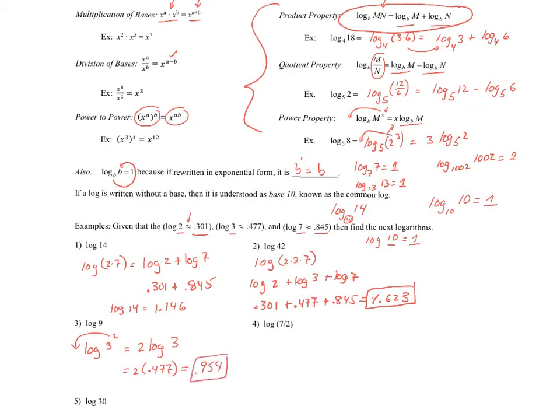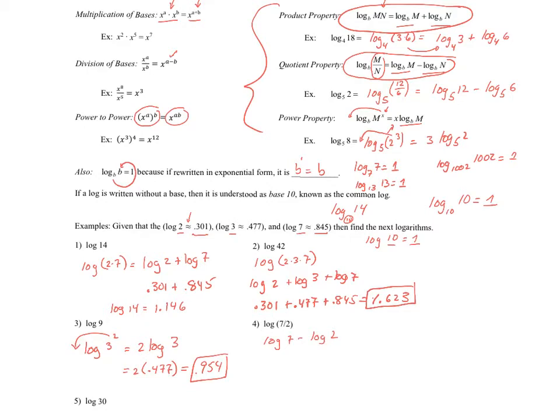Okay, log of 7/2. I see some division there, so it looks like we're going to use the quotient property. If you remember, the quotient property says that when we have division within our argument, we subtract the logarithms. So I'm going to rewrite this as the log of 7 minus the log of 2.